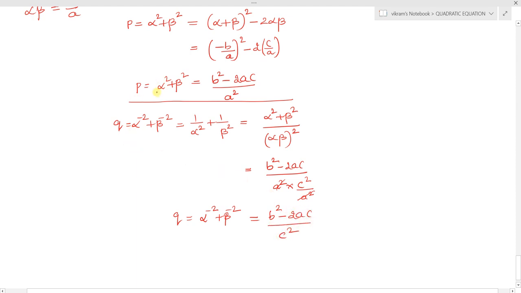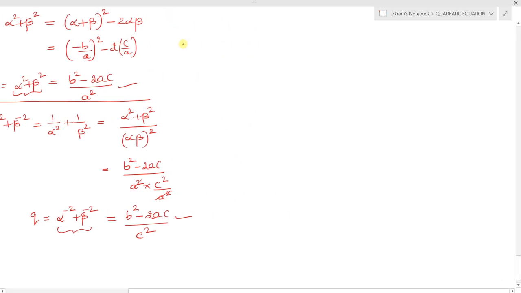Now the alpha square plus beta square value is (b square minus 2ac) by a square, and the alpha power minus 2 plus beta power minus 2 value is (b square minus 2ac) by c square. Now find p plus q, which is alpha square plus beta square plus alpha power minus 2 plus beta power minus 2, equal to (b square minus 2ac) by a square plus (b square minus 2ac) by c square.